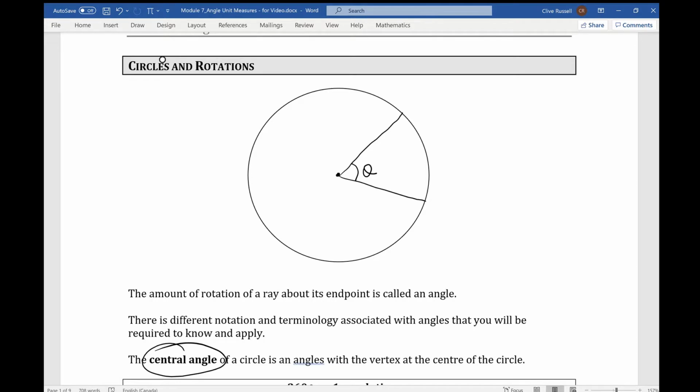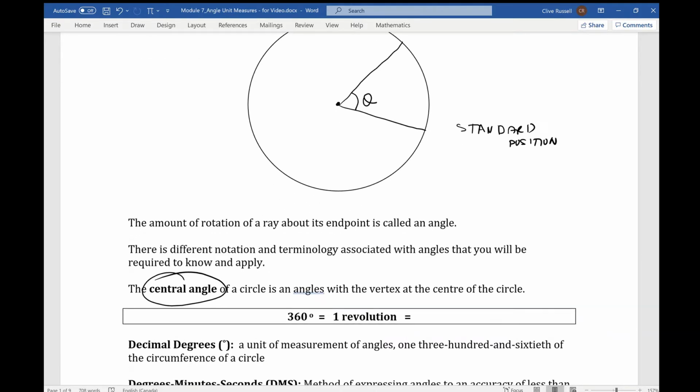Okay, so that angle is said to be in standard position. What we're going to be doing very shortly is introducing the idea of a radian.